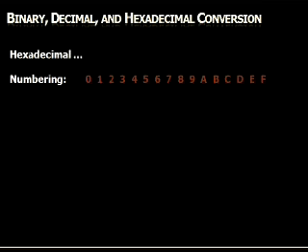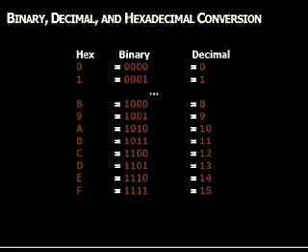At the same time, remember that the hexadecimal numbering system ranges from 0 to 9, and then A, B, C, D, E, and F representing 10, 11, 12, 13, 14, and 15. So A through F represent numbers in hexadecimal.